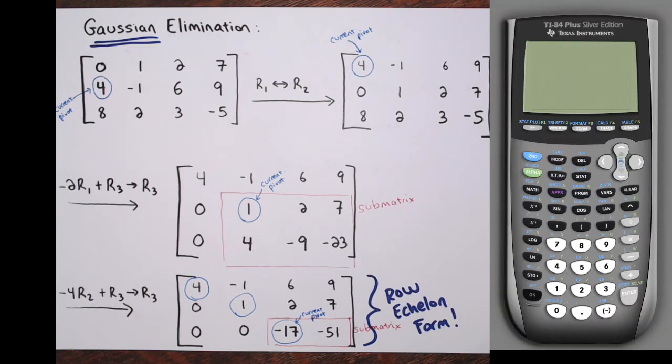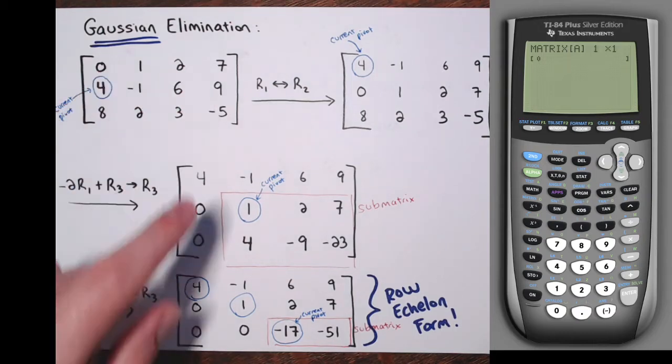All right, so hopefully you recall, I go to the second, go to the matrix menu, second matrix, and then go to edit to make a matrix, say matrix A. I'll start with the one we began with over here on the paper. I'll start with this 3 by 4.